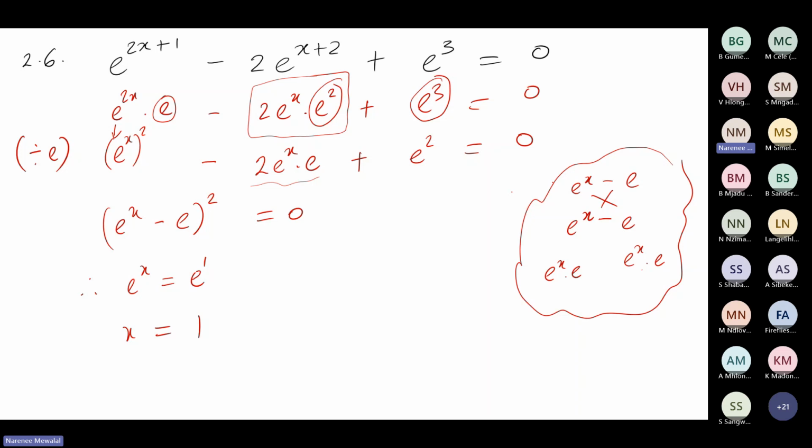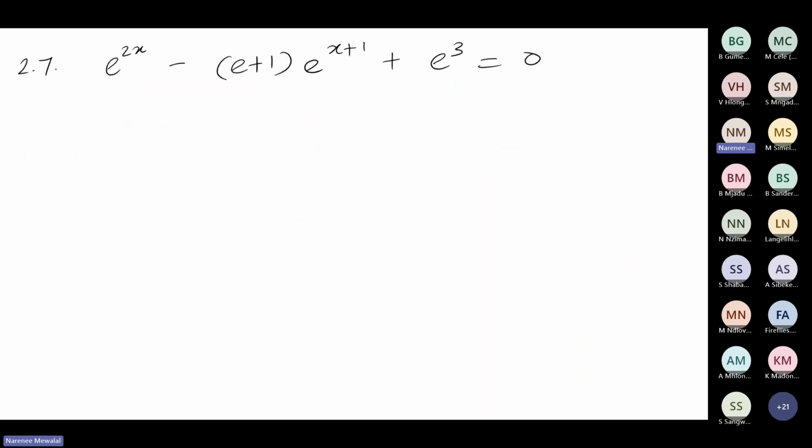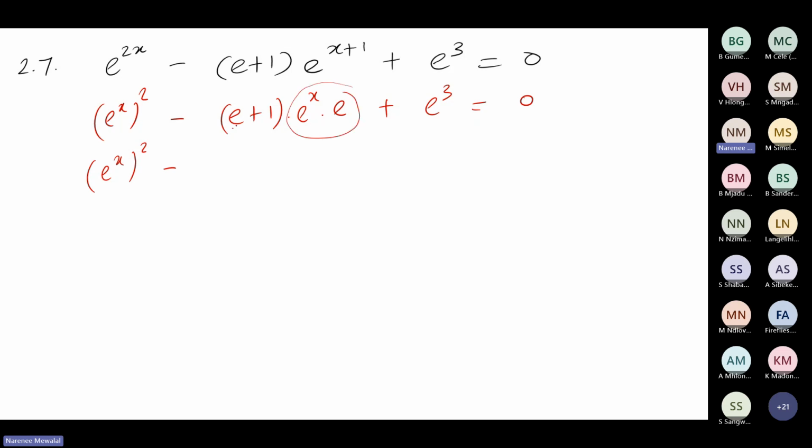Okay. And then in this case here, in question 7, it's a very similar question again, where you've got your e to the x all squared, minus e plus 1 times e to the x, plus e cubed is equal to 0. You've got your e to the x all squared minus, you multiply this term on the outside by e, so you're going to get e to the x times e squared.